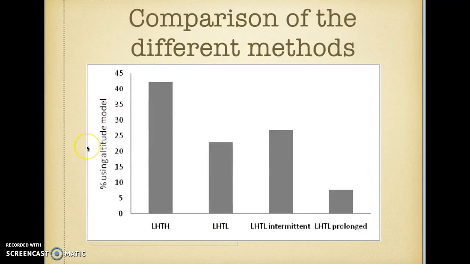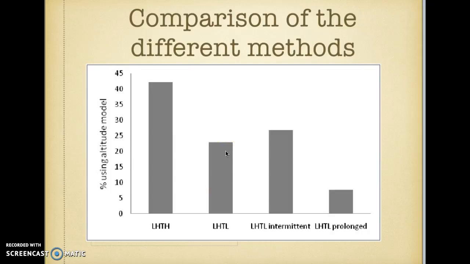This is a chart comparing the different methods of training. This first one is the live high, train high method, and it shows the percentage of people using that method of training.